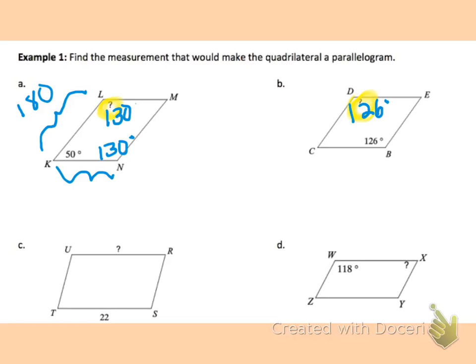So it would have to be 126 degrees. And also these angles here would have to be the angle that makes 180 degrees with 126, which is 54 degrees. So that would be 54, and E would have to be 54 degrees as well.